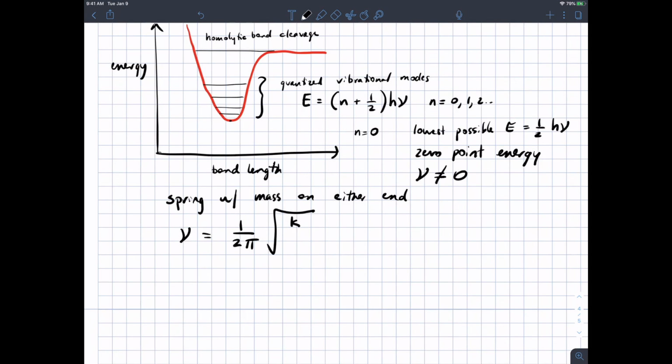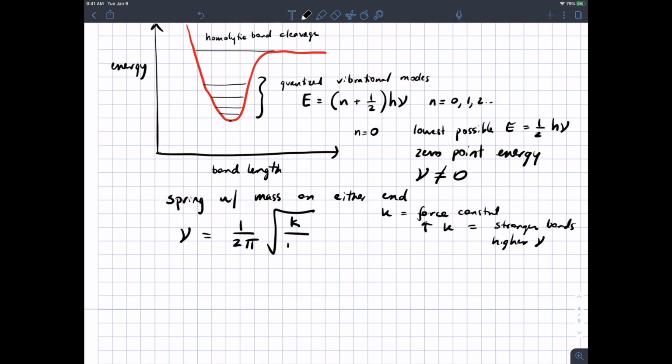Bigger k means faster bond vibrations, right? K is associated with stronger bonds, so it's the force constant. Increase k equals stronger bonds, which equals higher frequencies.